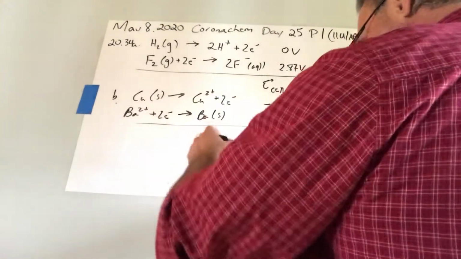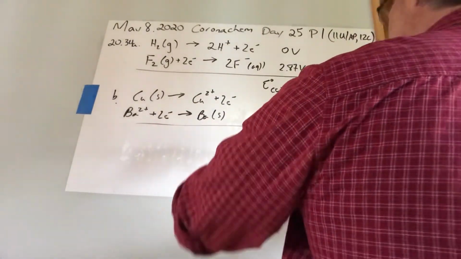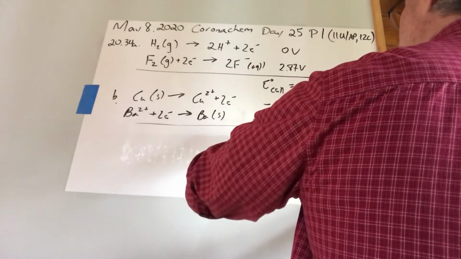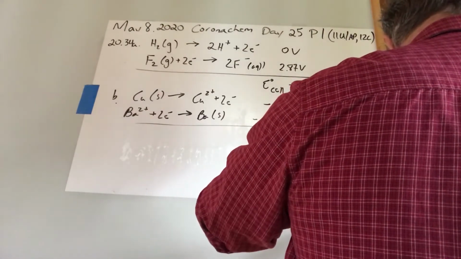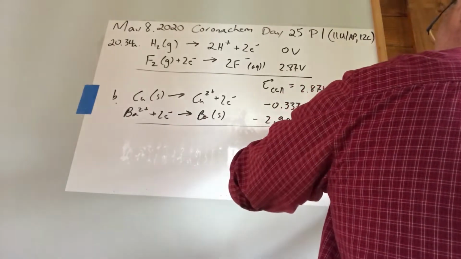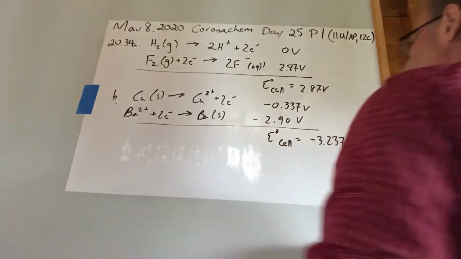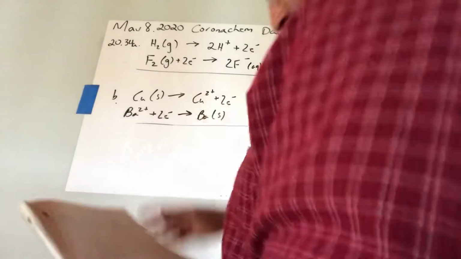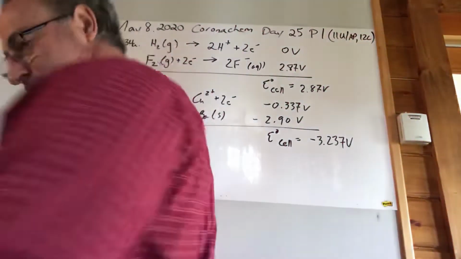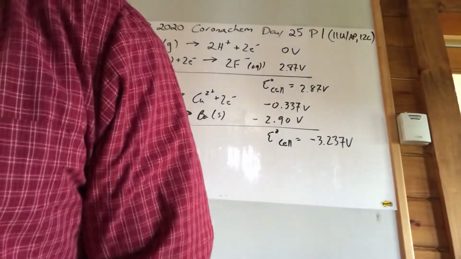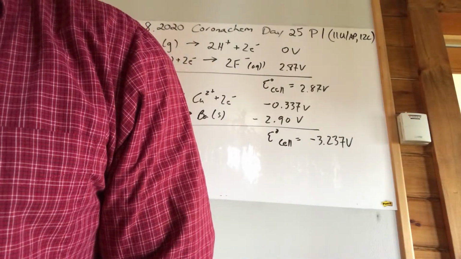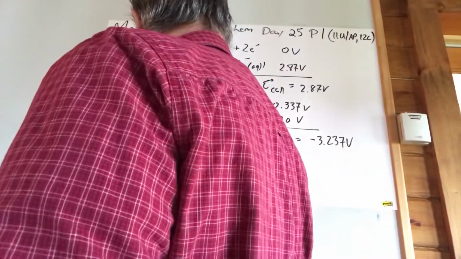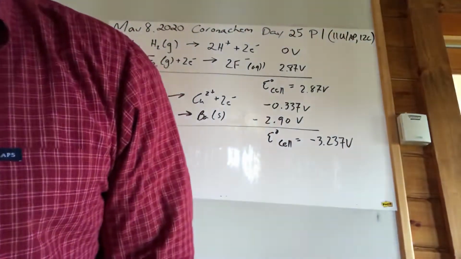To run the reaction the way it's written in the book would require an input of energy. You would get negative 3.237. So the reaction wouldn't go that way, it would go the other way: copper solid, barium 2+.